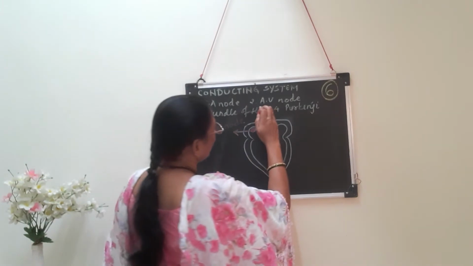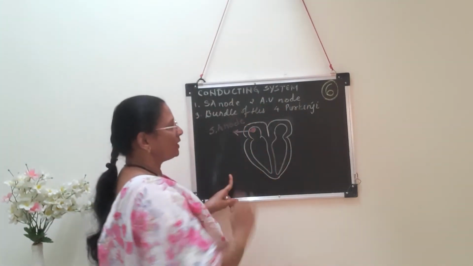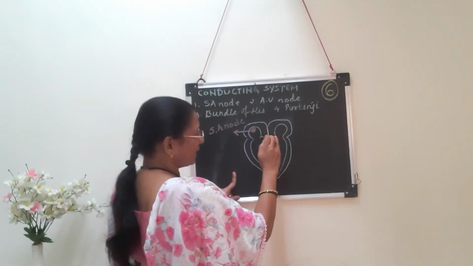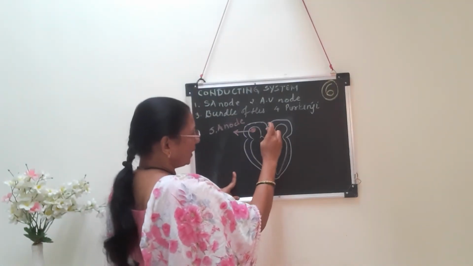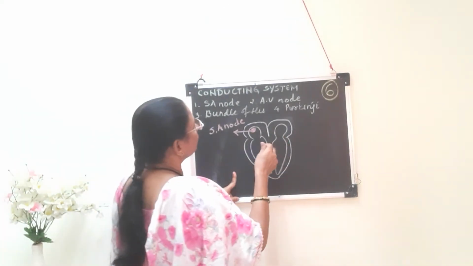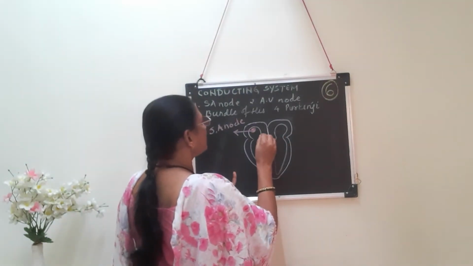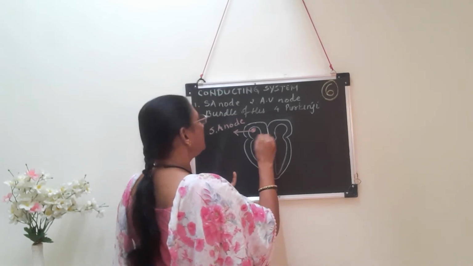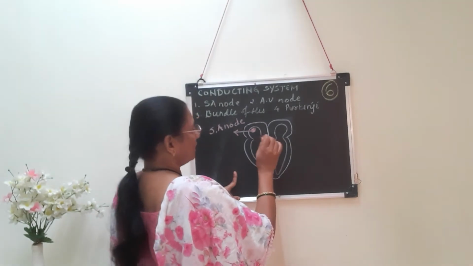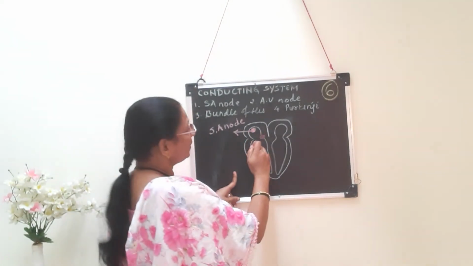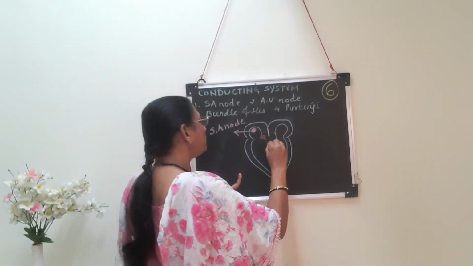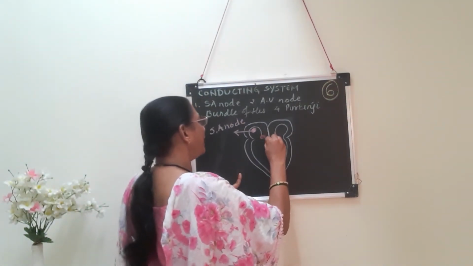The second one, the AV node, is also present on the wall of the right atrium near the base of the interatrial septum. So these 2 are the atria, and this is the septum which divides the atria into 2 parts. So on the wall of the right atrium itself, the second specialized muscle plexus is present, at the base of the interventricular septum. From there, the bundle of His originates.